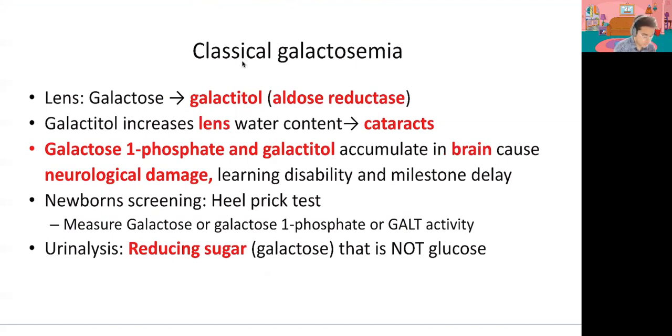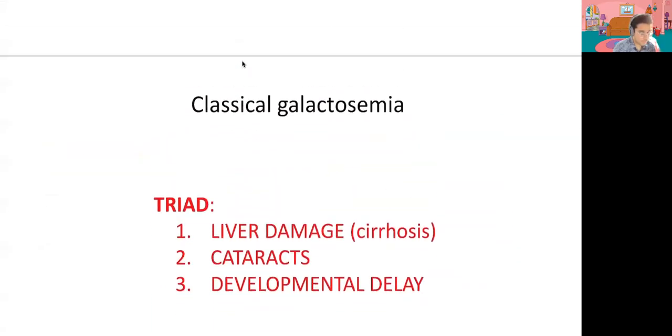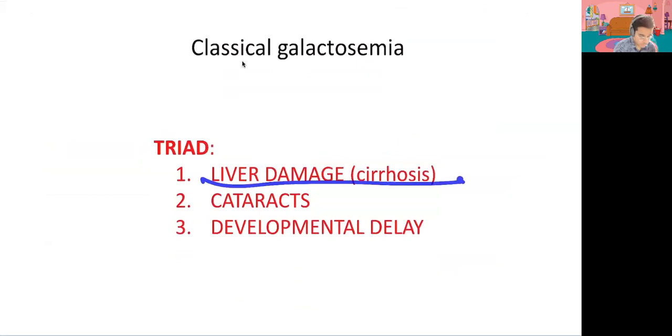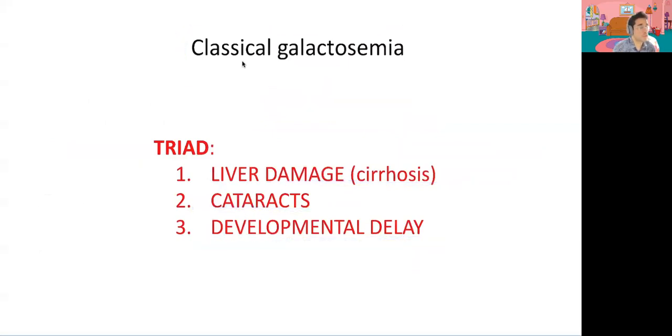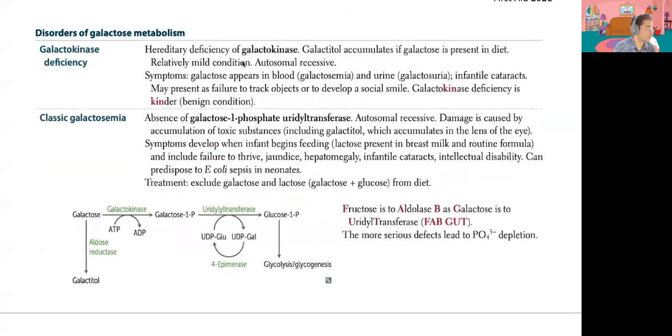What you can do is measure their blood glucose levels as well as reducing sugars, because remember, galactose is a reducing sugar, as compared to glucose. Glucose is not a reducing sugar. Buzzwords for this: liver damage, cataracts, and developmental delay. Make sure you pay close attention. Don't switch it up with sorbitol, and your other deficiencies that you would see with similar cataracts.